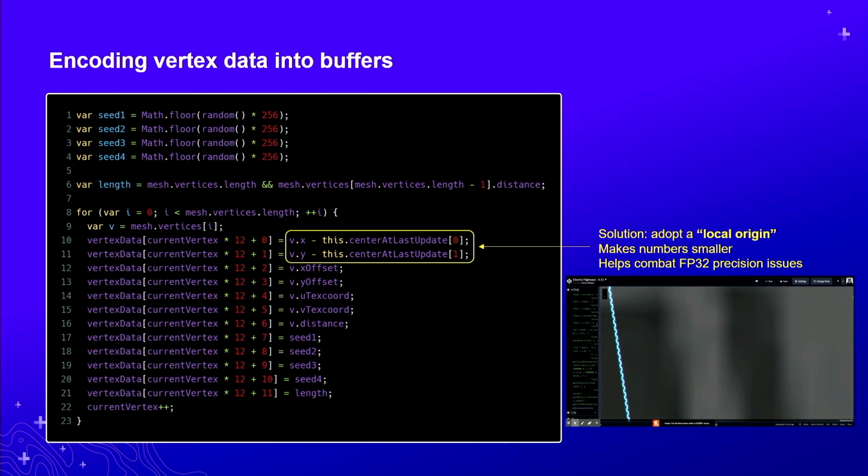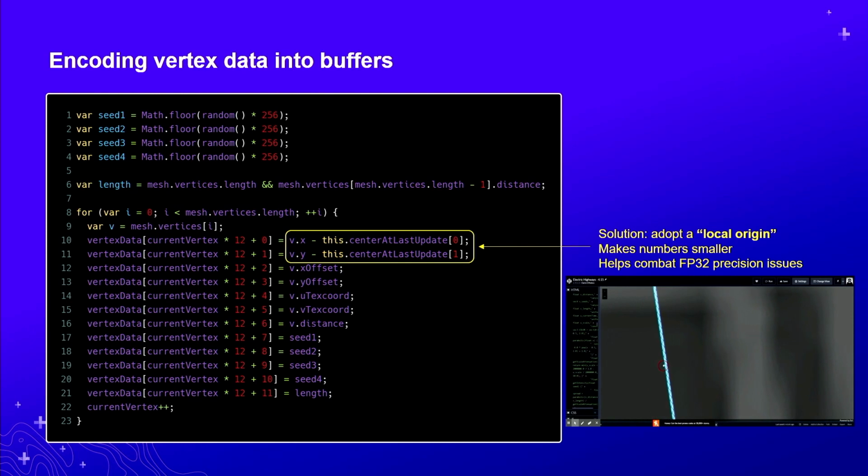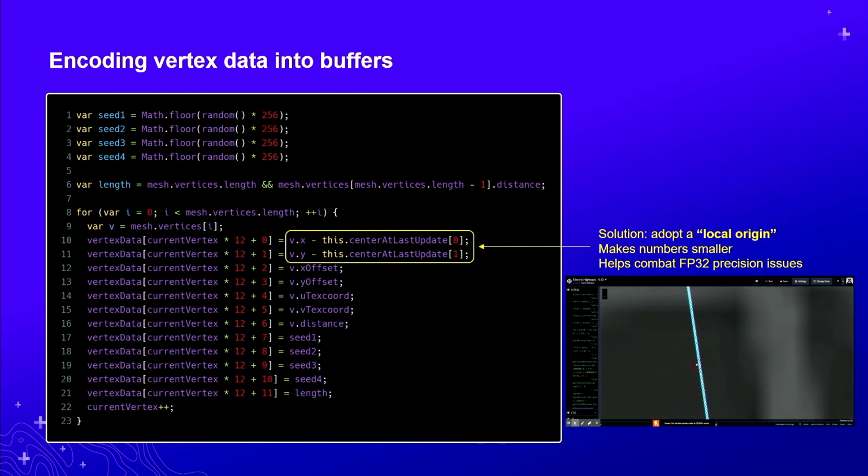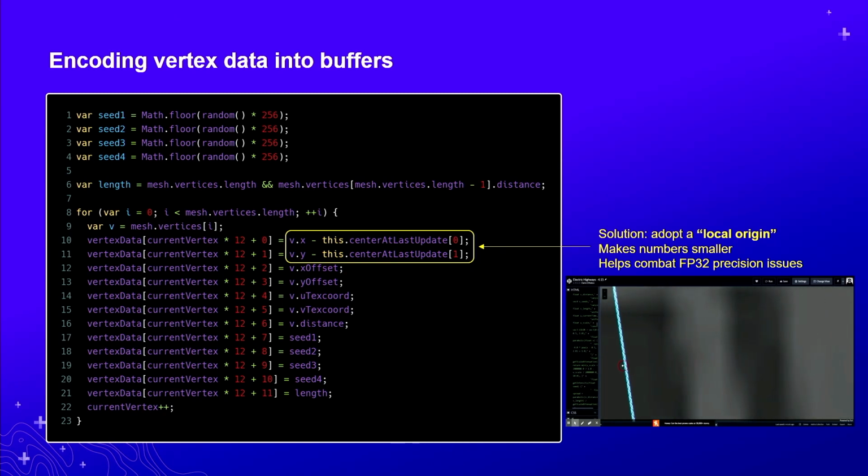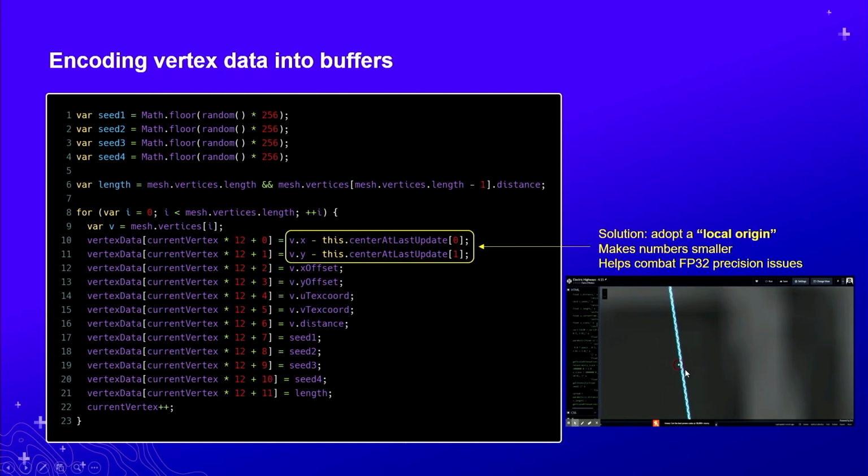Obviously, since we are effectively encoding a different attribute which is partially transformed, we also have to modify the transformation matrices in a way that is respectful of this change. And in the end, we end up with values both in the attributes and in the uniforms which are smaller and easier, and that can be handled in a more precise way by the vertex shader. And as you can see, the line doesn't wiggle anymore, and everything is smoother.